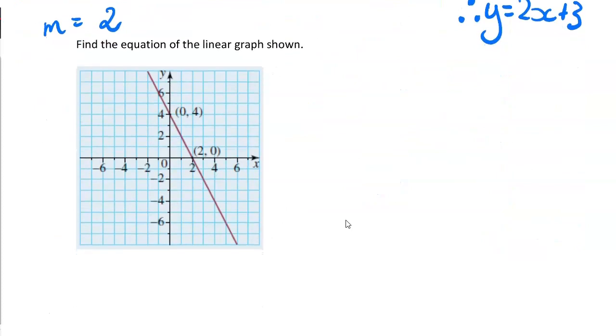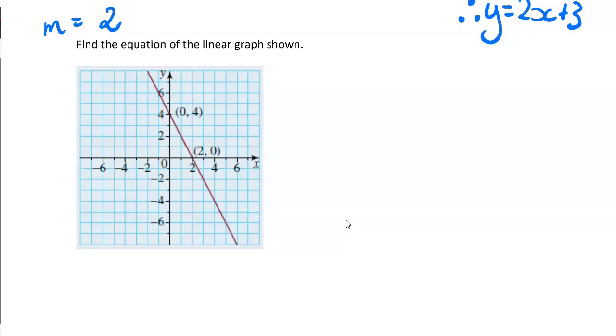Now, sometimes you just get given a graph, and so you have to figure it out from there. Now, you could pick any points on here, but you should be picking points where you can see the coordinates very clearly. All those coordinates are marked. So here, the intercepts are marked.